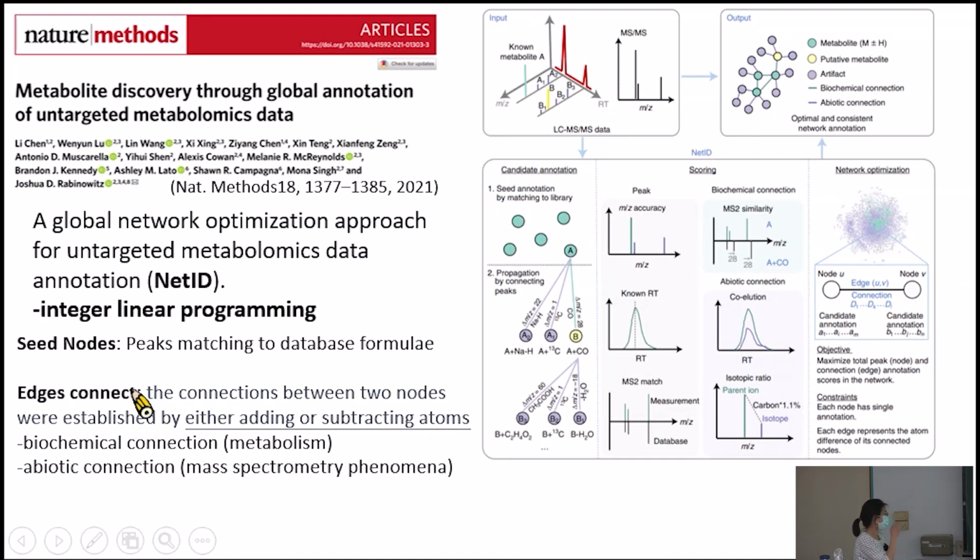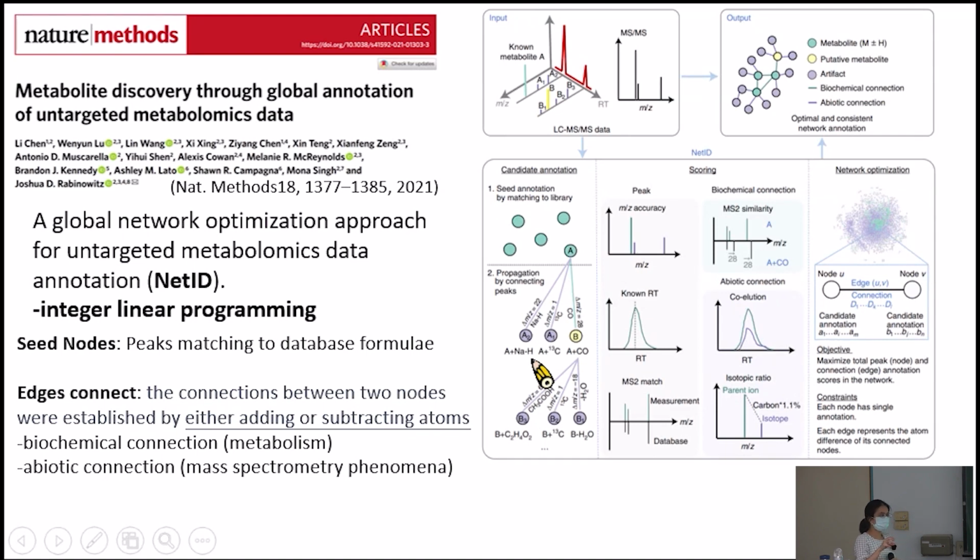And this edge connection is basically generated by adding or removing atoms from the node here. For example, if we add the atoms of sodium and H to the node A, this would be node A plus sodium and proton. Okay, so this is the concept about this approach.